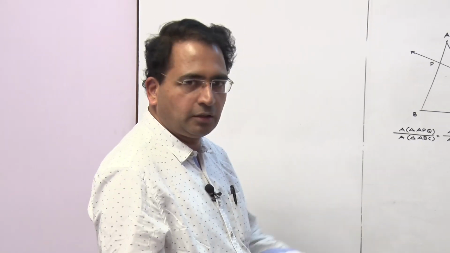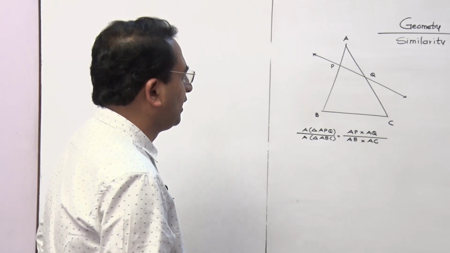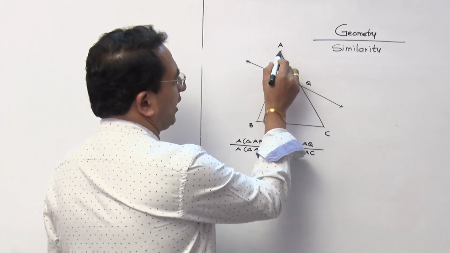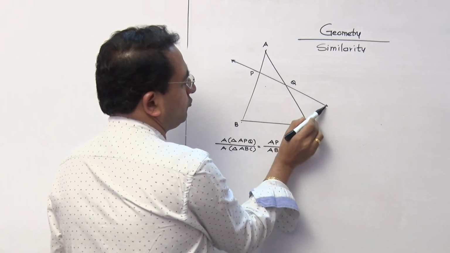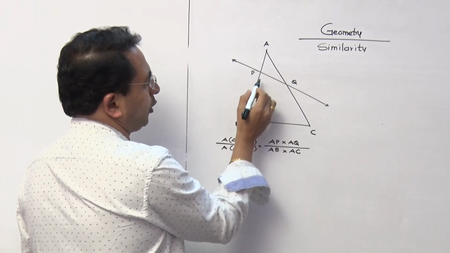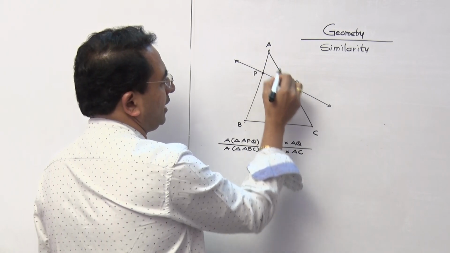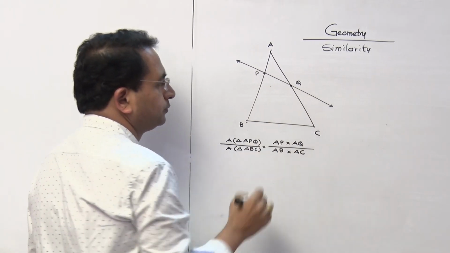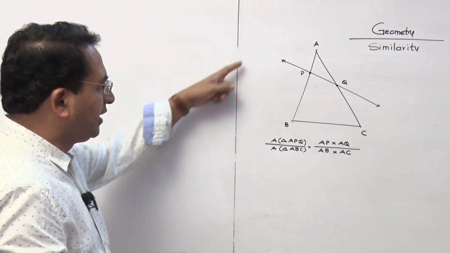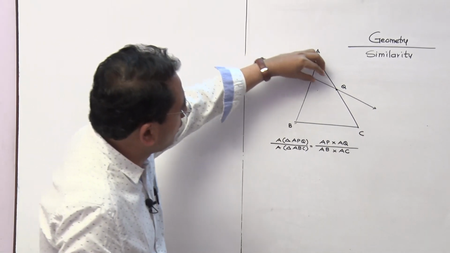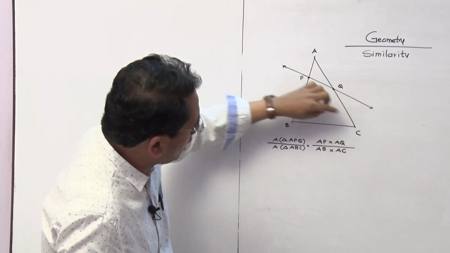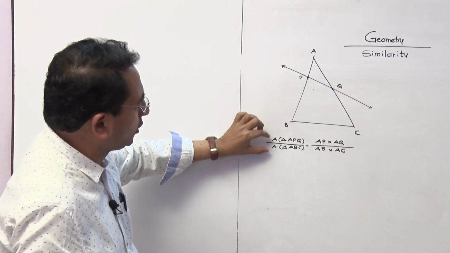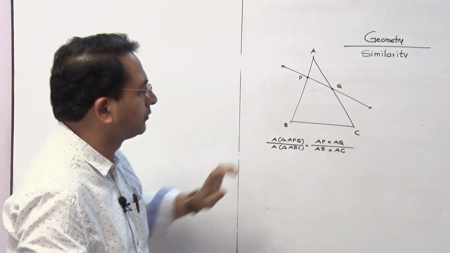See, we are taking one more sum on similarity. There is one triangle ABC and the line PQ is drawn which divides AB at point P and AC at point Q. Now when you divide this, you get one triangle on the top, that is APQ, and the other is ABC, and you have to prove that APQ upon ABC is this.